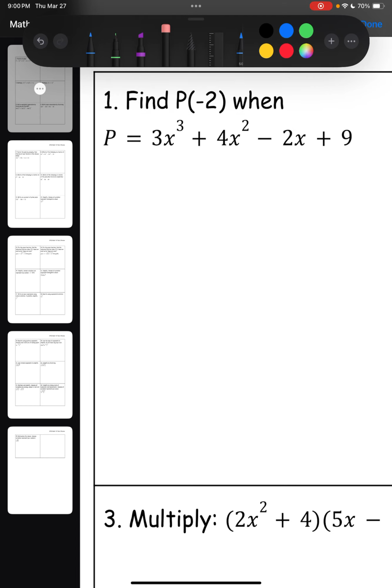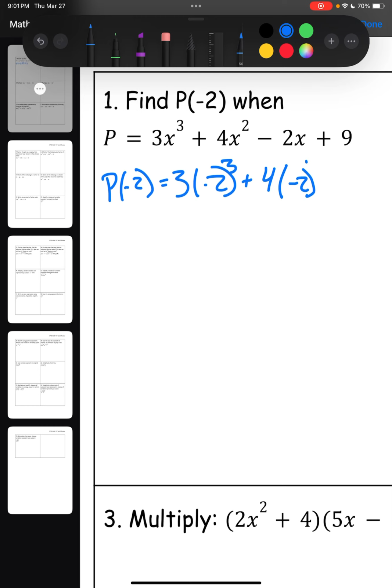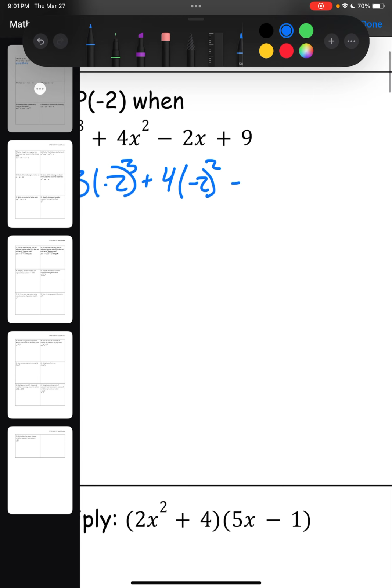So we're going to write it here: p of -2 equals 3 times -2 to the third plus 4 times -2 squared minus 2 times, again, -2 plus 9.